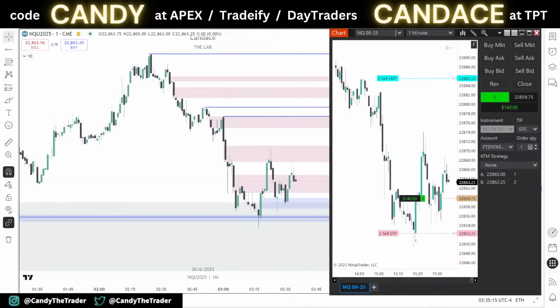And also, since I'm live streaming, I need to use NinjaTrader to show you the trade. What's your MC model? Turtle soup model.